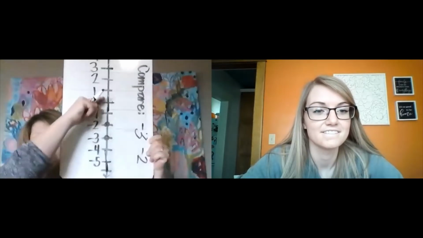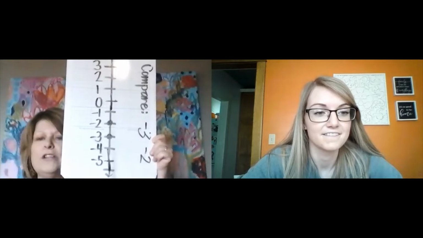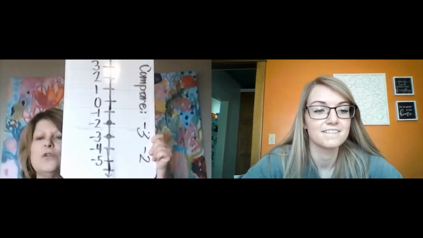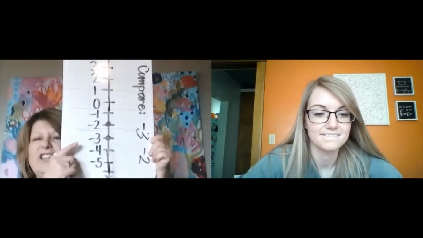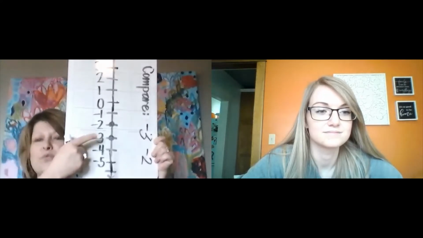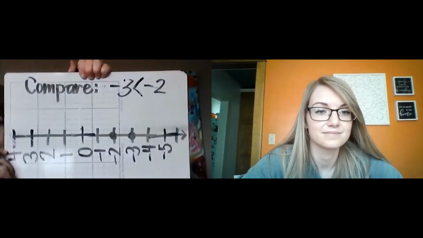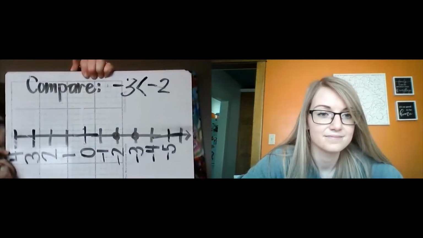So if I'm thinking about a thermometer, just like it gets warmer as it goes to the top, it also gets bigger. And so I know it's really strange, but a -2 is really bigger than a -3. So on my board, I would put my alligator mouth open to the -2.